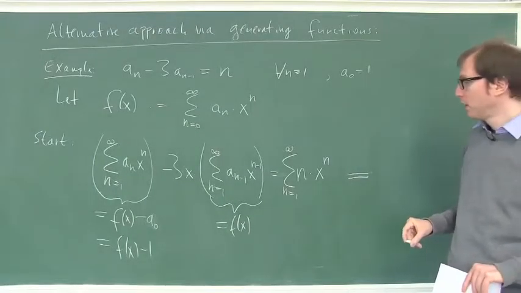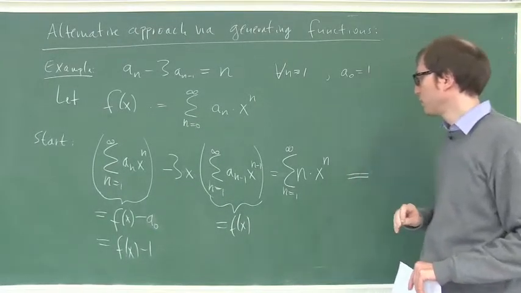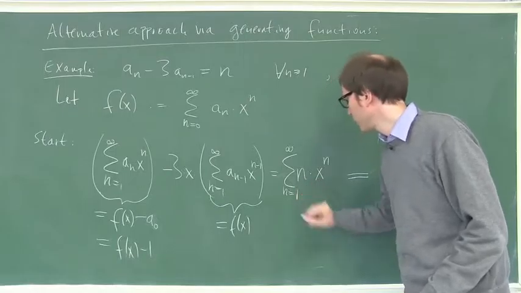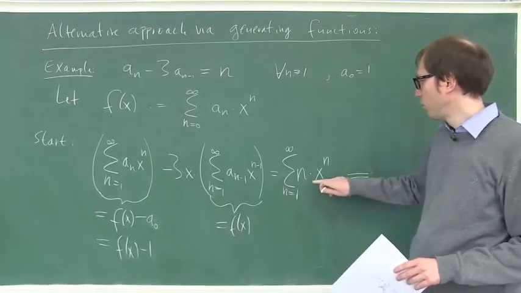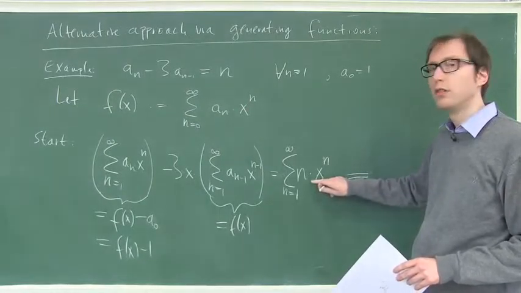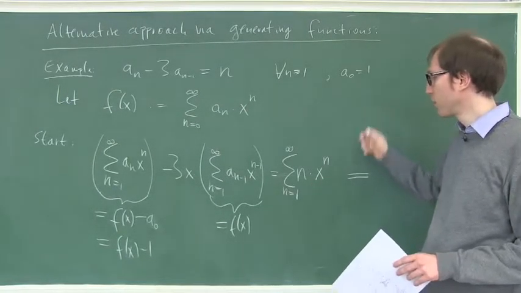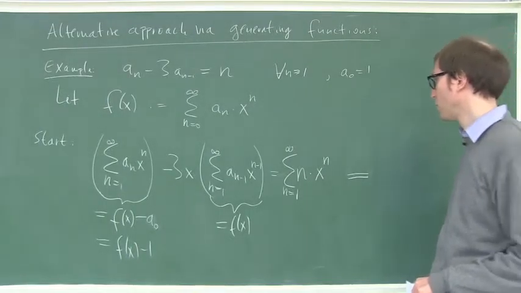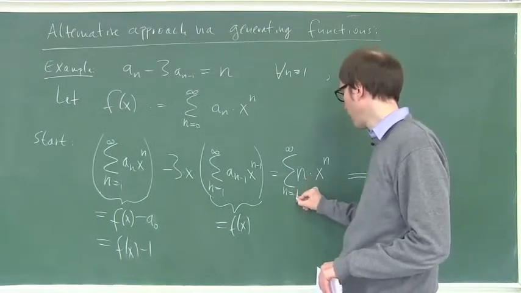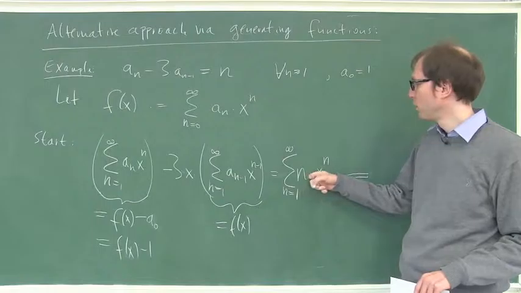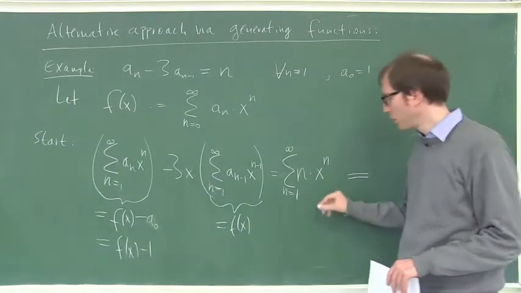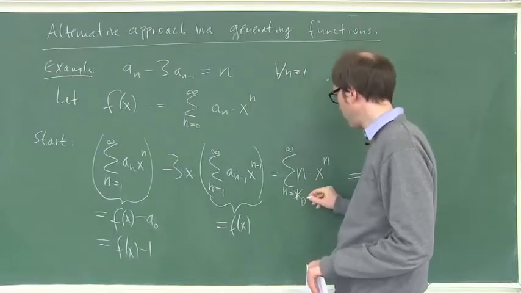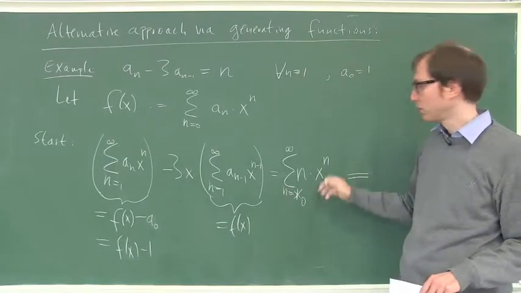If you do not, you have to try to figure this out, because what is this sequence? Well, this is the sequence 1, 2, 3, 4, 5, and its generating function. Of course, it starts from 1, but if you plug in 0, you can just start from 0 if you like, because 0 times x to 0 is just 0, so you can just add it.